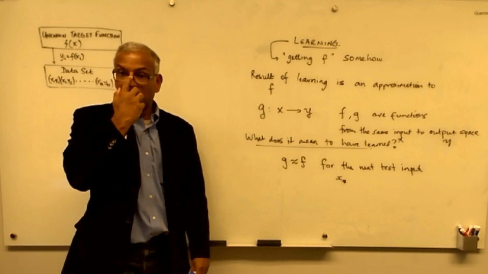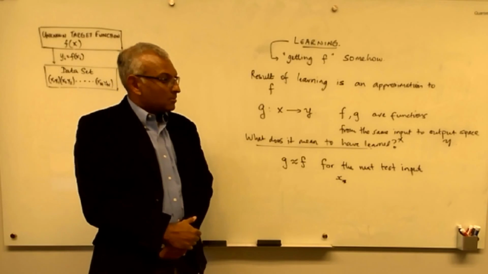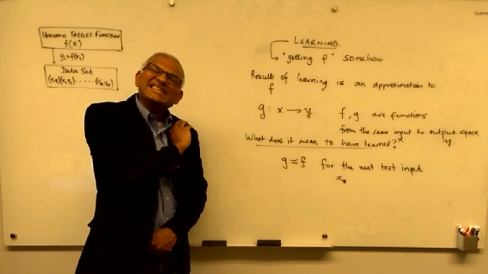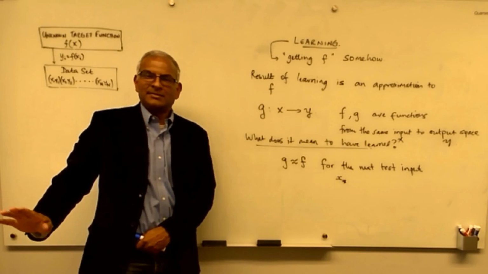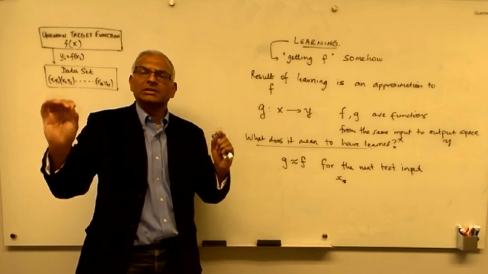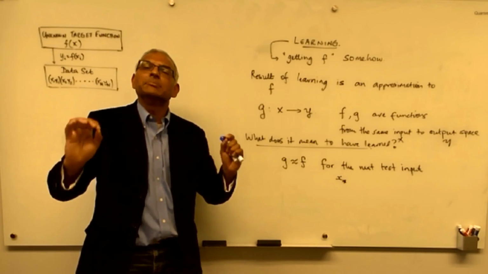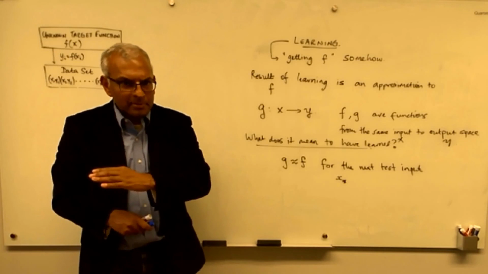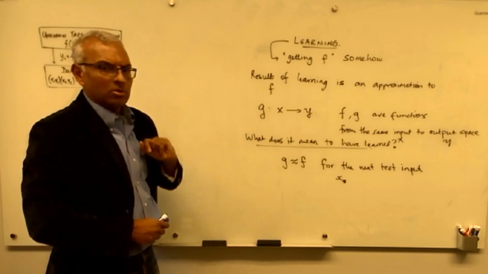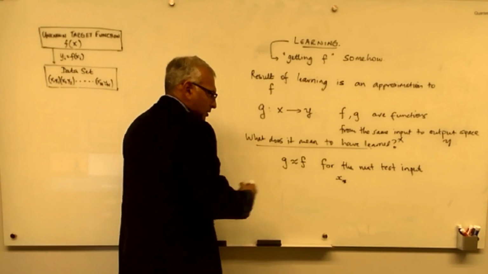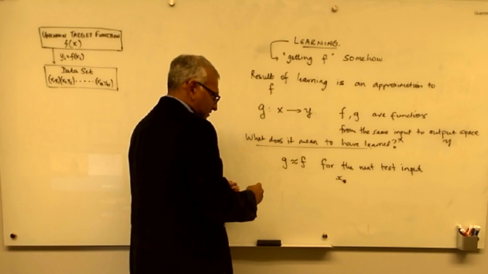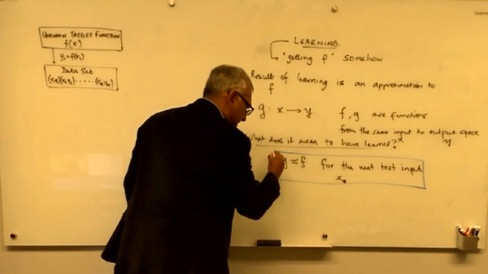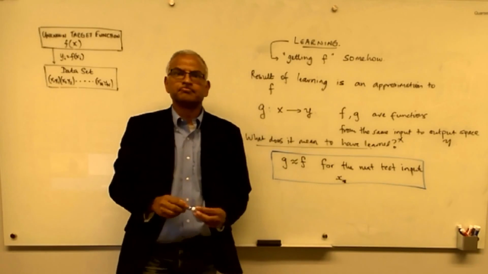Now, this in its entirety is the definition of learning, what it means to learn in its entirety. So we can drop all this other rigmarole, and just box this statement and we're done.